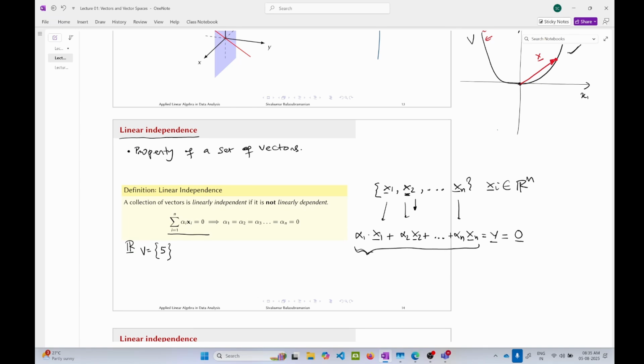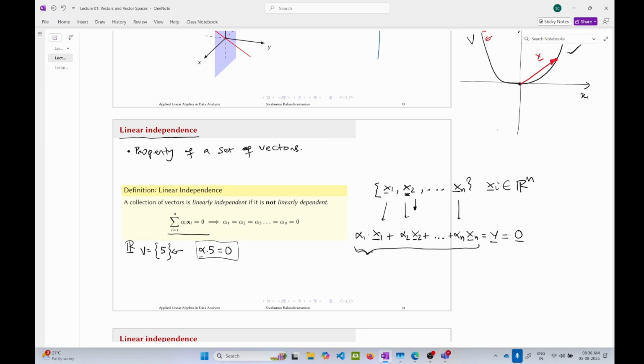If that is the question, it's very simple. All you have to verify is you take the linear combination of the elements of the set, and if the only way you can produce a zero vector is by setting all the alphas to 0, then it's linearly independent. If there is any other possible combination of alpha that will produce a zero vector, then it's a linearly dependent set. So if we want to do the linear combination of the elements of this set, then the only possible linear combination is alpha times 5, and we want to produce 0, the zero element of R. What are all the possible values of alpha that will satisfy this equation? 0.